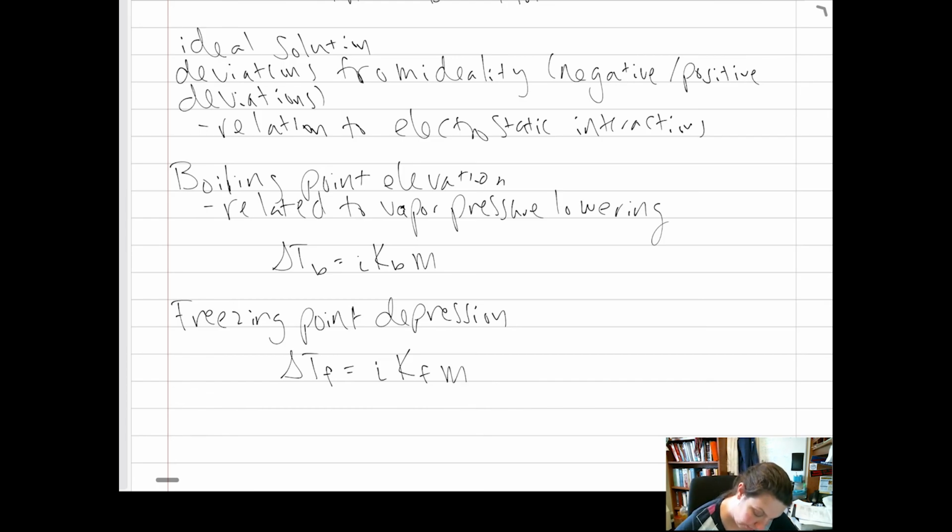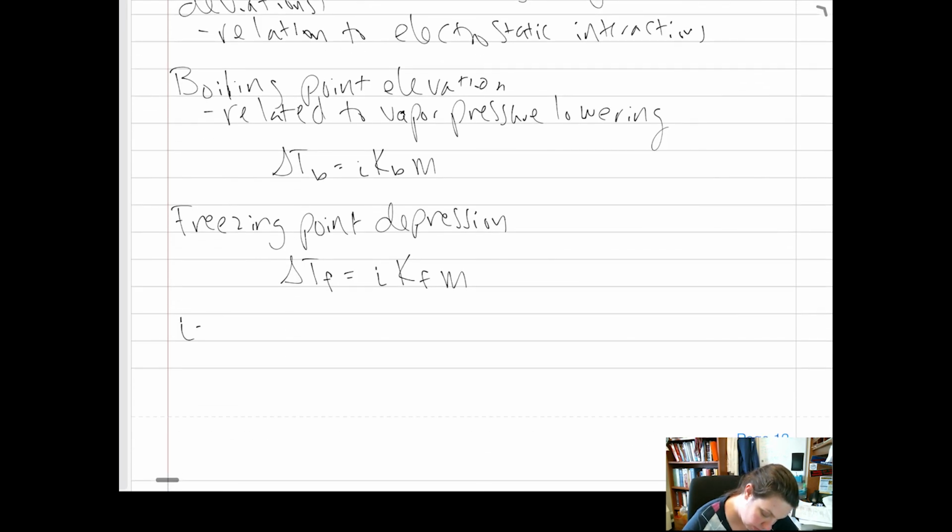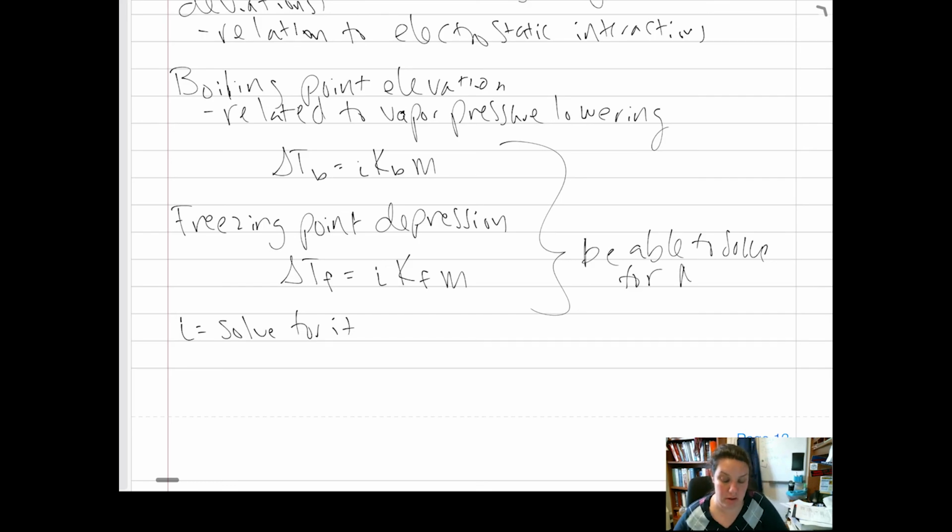Know how to solve for your Van Hoff factor. Make sure you can do that. Make sure you can do all of these calculations. Also be able to solve for molar mass using this information.